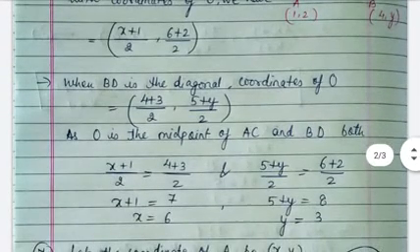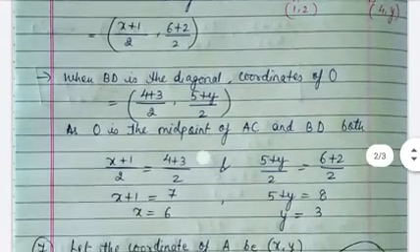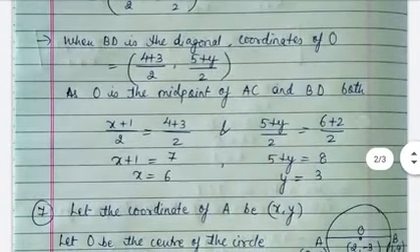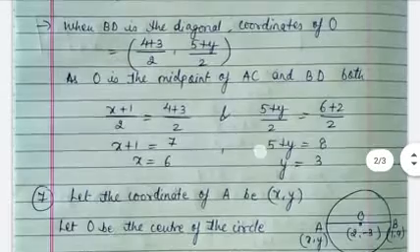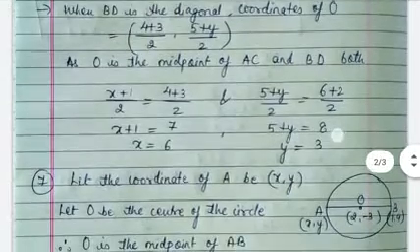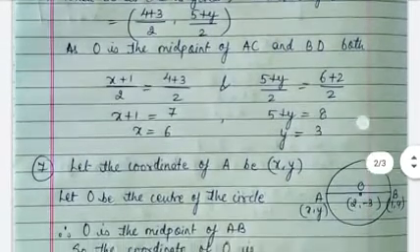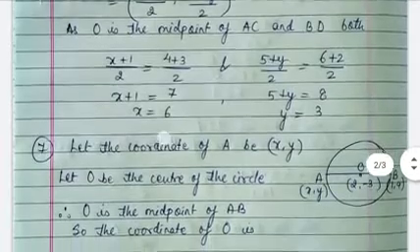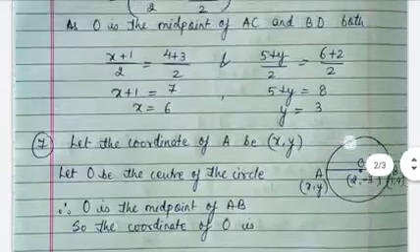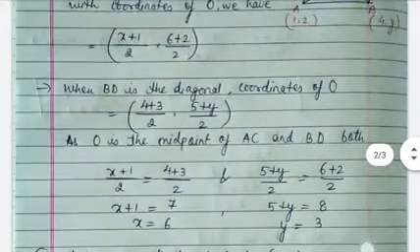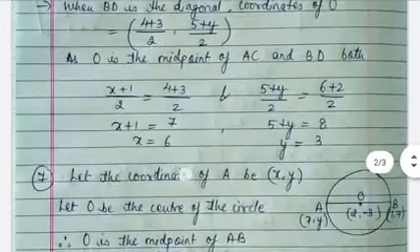So by doing so, we know that O is the midpoint of AC and BD both. It means (x + 1)/2 equals (4 + 3)/2 and (5 + y)/2 equals (6 + 2)/2. Both the terms are equal. By solving this, we get x equals 6 and y equals 3. So these are the coordinates, right?